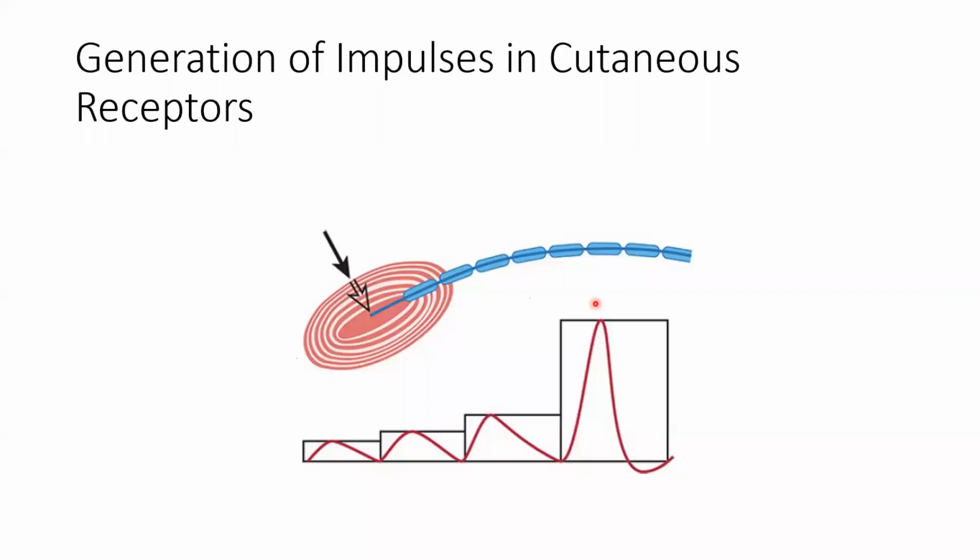The frequency of your action potential is proportional to the magnitude of your applied stimulus. So that is how your receptor converts different types of stimulus, in this case mechanical stimulus, to an action potential, which is a type of electrical response of the receptor.